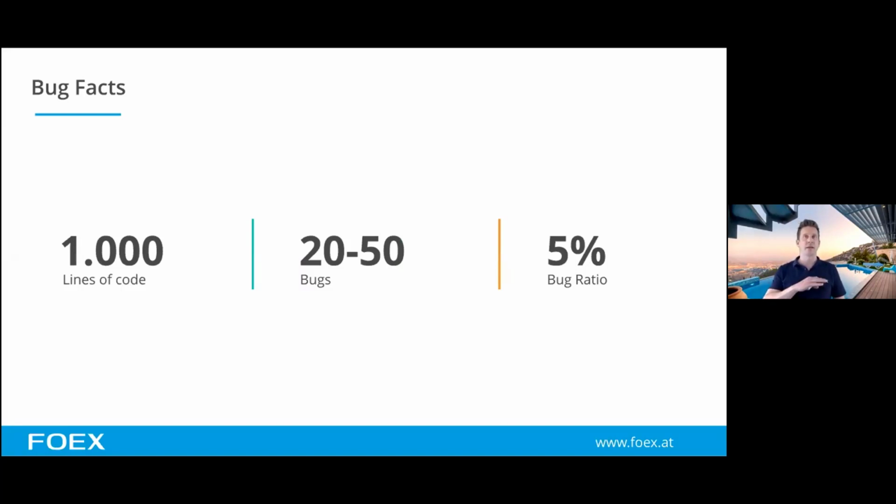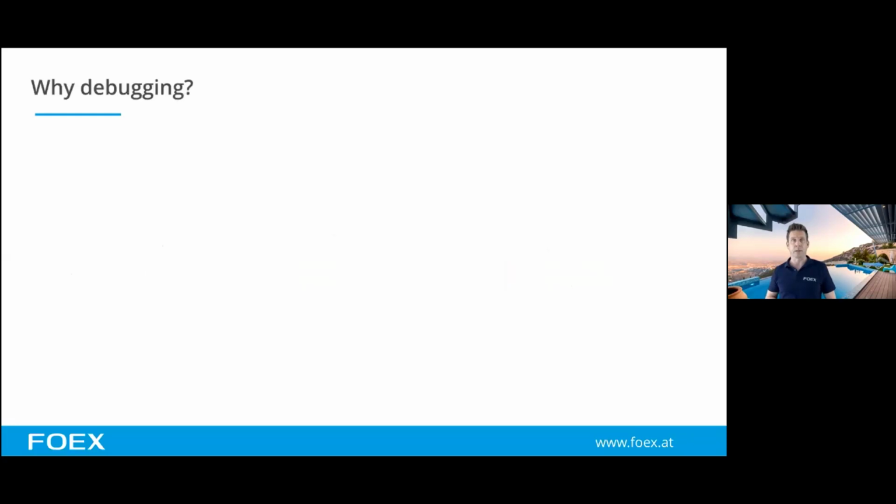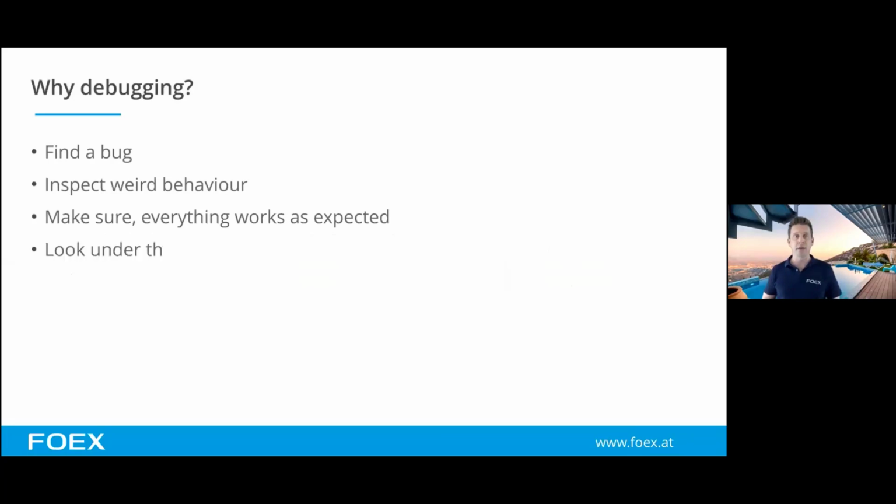And that's a statistic across all programming languages. So it's true for JavaScript, for PL/SQL. Overall, 5% of your lines of code are buggy in some way or another. Okay, so I guess that makes the question why we should debug quite clear.